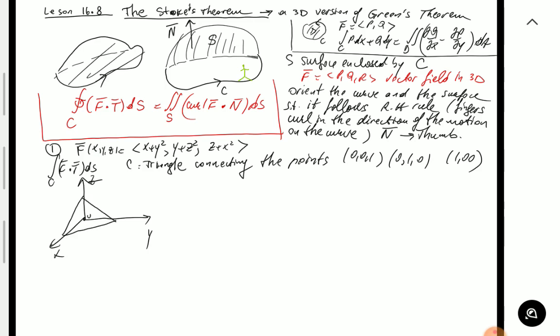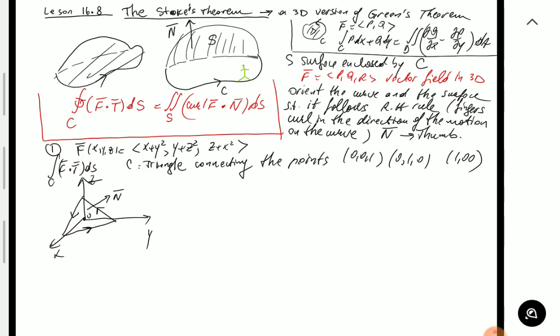And let's say, as you look at this triangle from above, the triangle is traversed counterclockwise. And if I want to use the Stokes theorem, notice that as I walk on the triangle, the normal should point basically upward like that, in order to use the Stokes theorem.